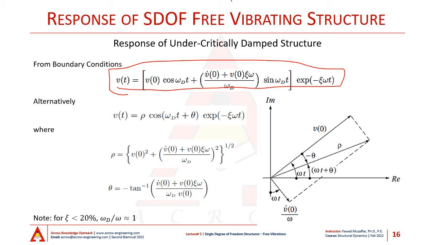This is the equation that we all need to keep in mind always, since most of the structures, or 99.99% of the structures that we encounter in civil engineering, are underdamped structures.